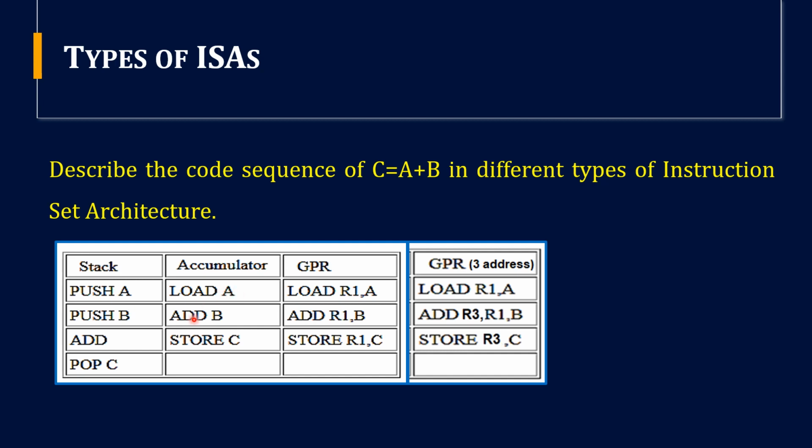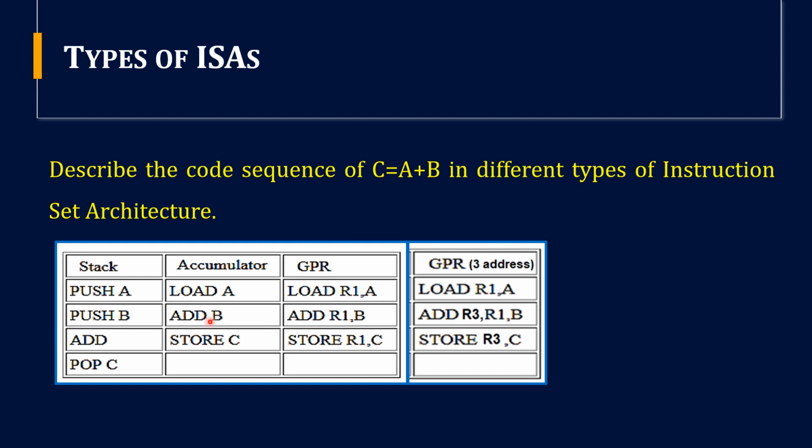Okay. Now we give the instruction add B. Here one of the operands is the accumulator. So to the content of the accumulator, B is added and the result is stored back onto the accumulator.